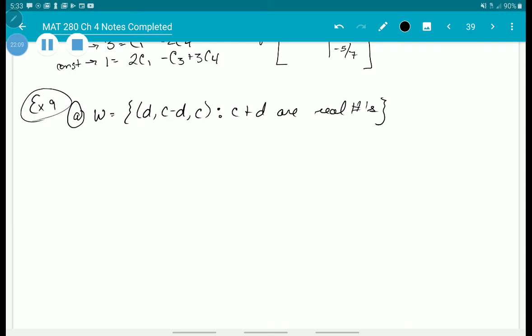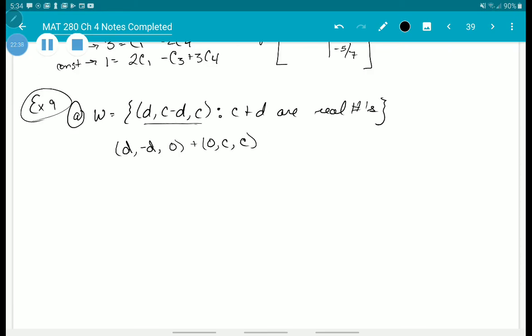So I'm going to kind of undo some scalar multiplication here. See if we can pull some stuff out. So we could rewrite this vector as D, negative D, and 0 plus 0, C, C.